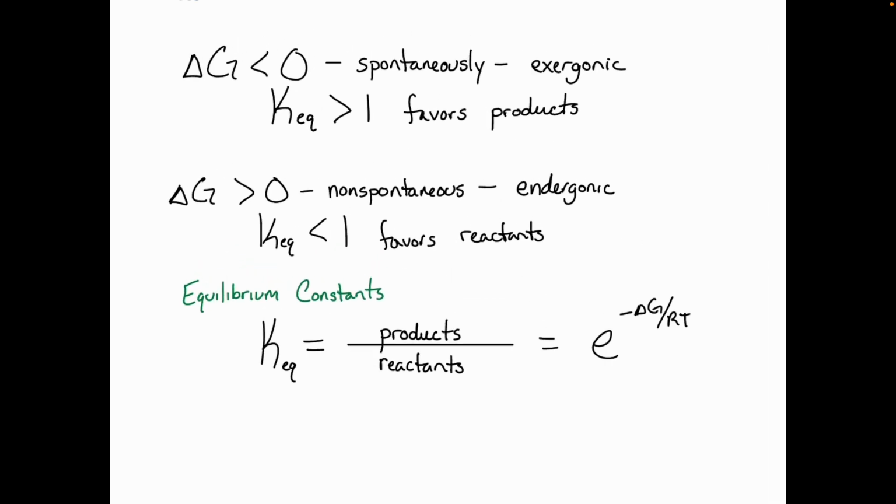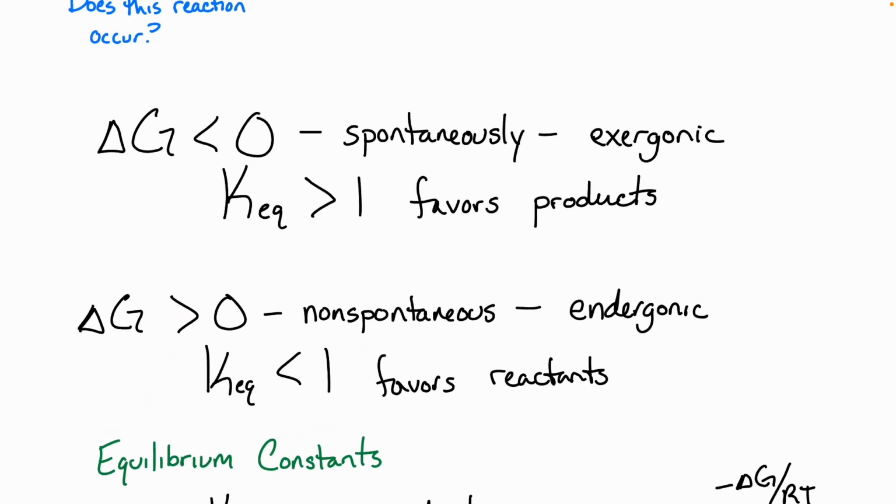All right, so these are all sort of one and the same thing here. A negative delta G, a spontaneous reaction, an exergonic reaction, or a K greater than 1, those are all, from a thermodynamic standpoint, saying the same thing. A reaction that will actually proceed towards the product side. A non-spontaneous reaction or an endergonic reaction, those are both saying that you have a KEQ less than 1, or a reaction that favors the reactant side.